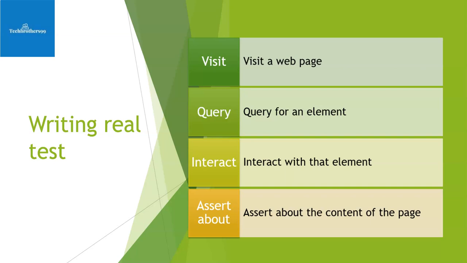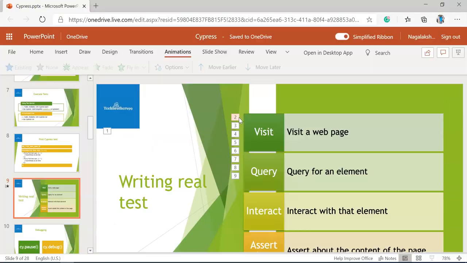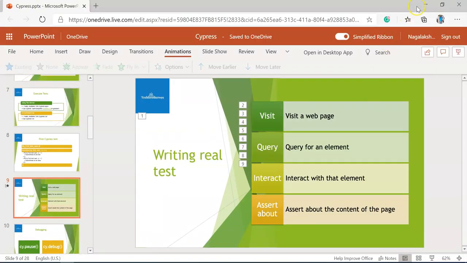So this is the process we are going to follow in the rest of the videos also, and this is the way we are interacting with our web elements. So first we need to visit the web page, then query for an element, interact with that element, and assert what we are expecting from that element. So we will see it in action now.